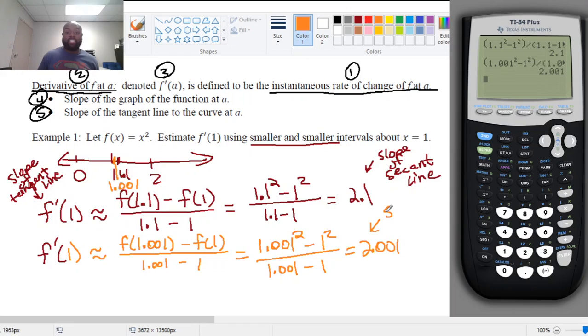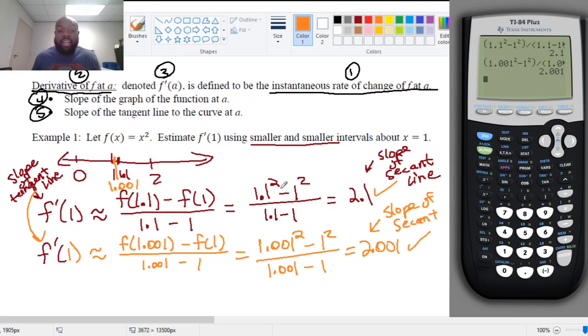Again, this is the slope of the secant line, and what we want is the slope of the tangent line. Now, I could do this again and put some more zeros after the decimal. And what you're going to notice here is we're going to get closer and closer and closer to 2, right? And so if I want to estimate or find f prime of 1, these are our estimates here, right?